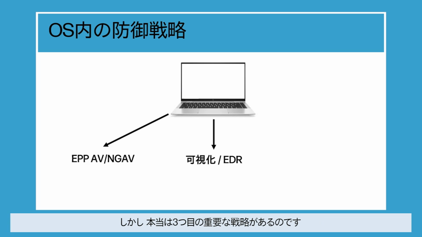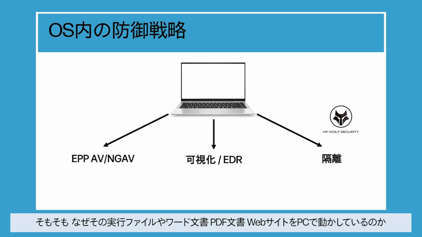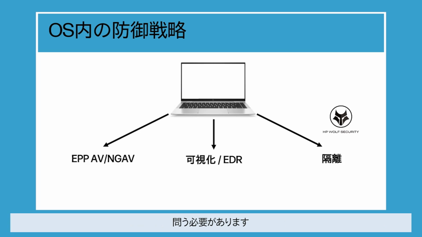However, there's really a third key strategy, and this is where we're focused from an HP Wolf perspective, and it's a category we call isolation. So you have to ask, why are you running that executable or that Word document or that PDF document or that website on your PC in the first place?